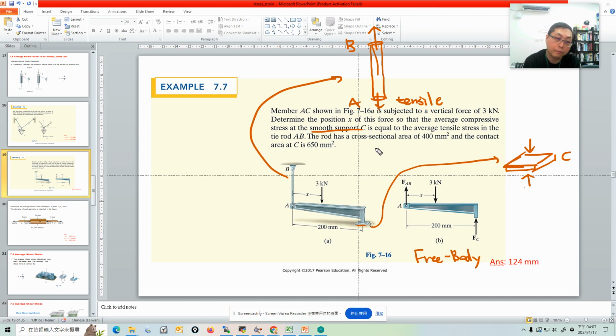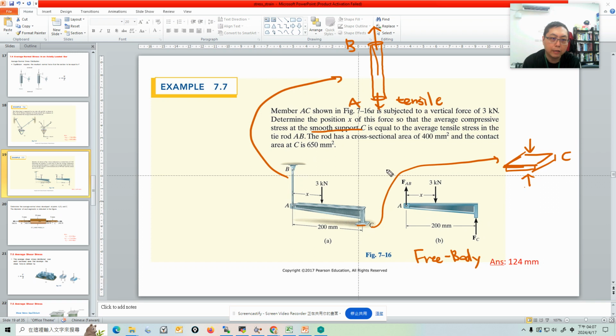Because the problem says AB is subject to tension, so the force at A should point down, and the force at C should also point down. But in this free body diagram, why do these two forces point up? This might need some explanation.